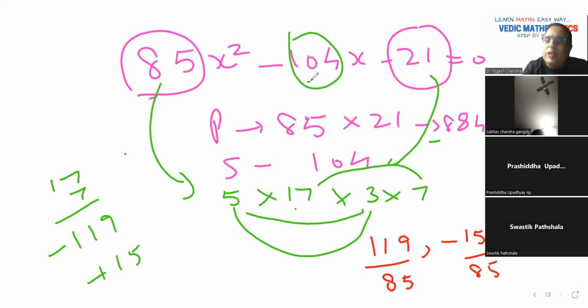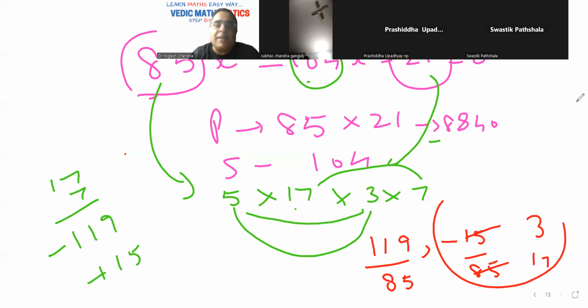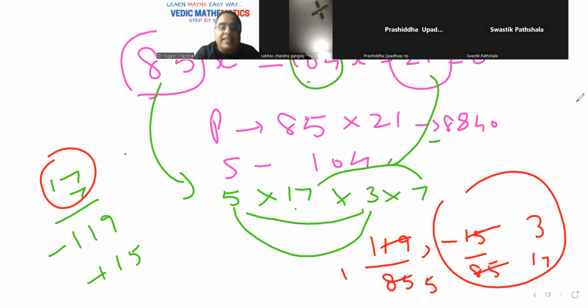So 15 and 85, do they have anything in common? Yes, a table of 5. 5 threes are 15, 5 seventeens are 85. So one root is minus 3 by 17. And again, 85: we just saw 17 sevens are 119 and 17 fives are 85. So 7 by 5 is another root, sorry.